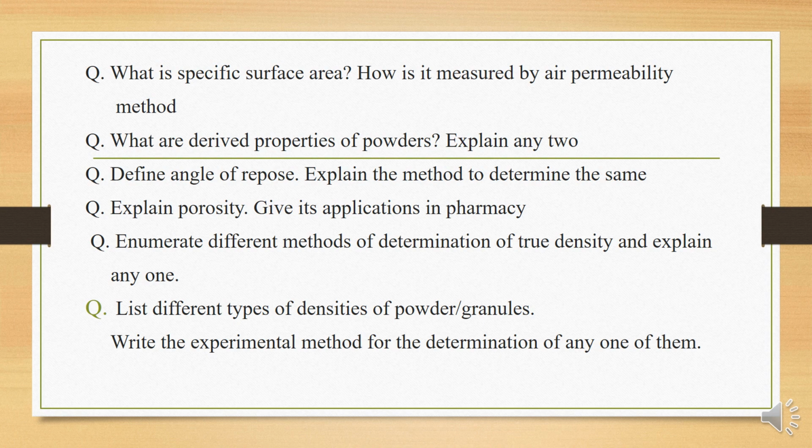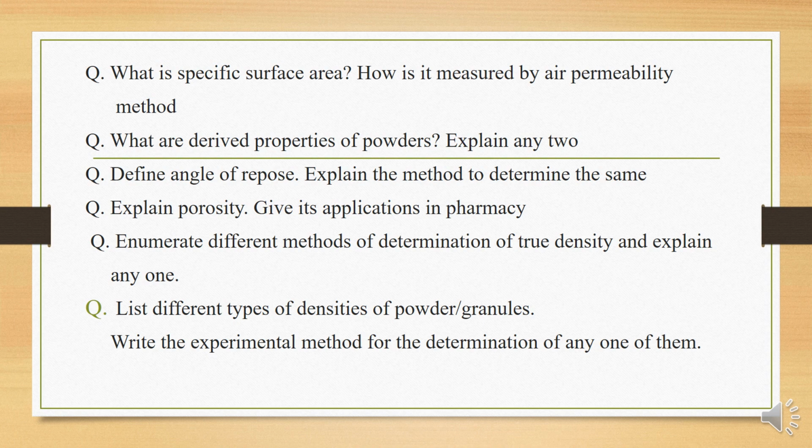These are the various types of density. You can mention anything relating to density as a derived property of powder, and we get another question on different types of density. Then the next derived property is porosity. Porosity is important to find the relationship in terms of volume, and it is frequently expressed as a percentage.